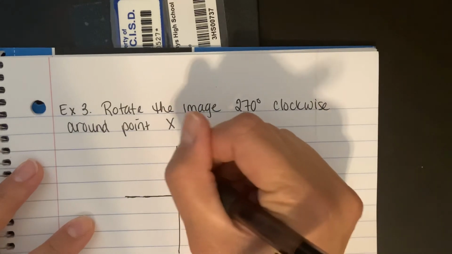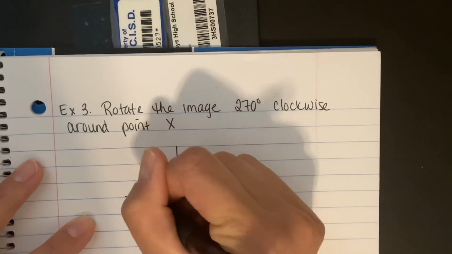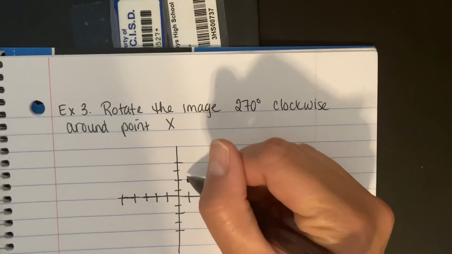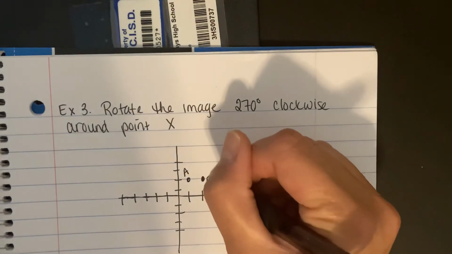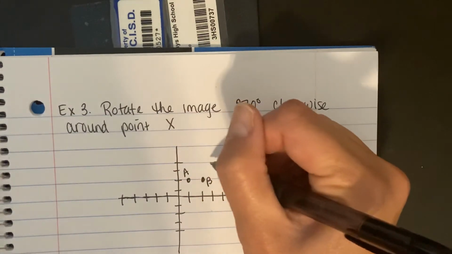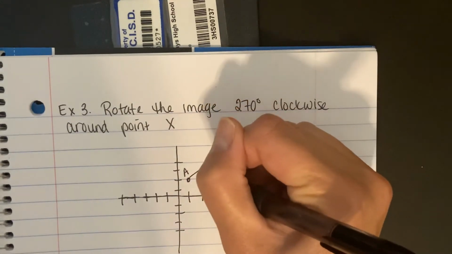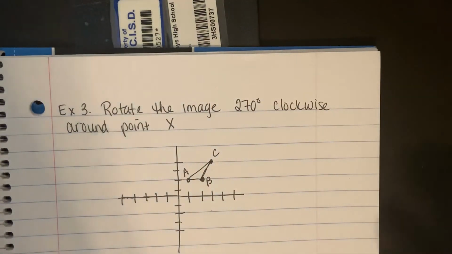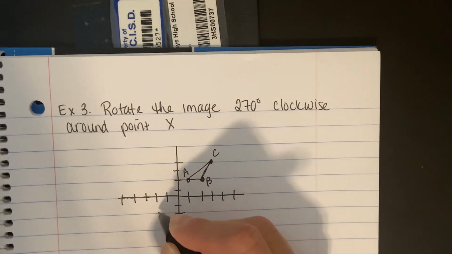Let me make a better graph than I did last time. Okay, here's point A, here's point B, and then we'll do point C. All right, and let's say point X is going to be at (-2, -2).